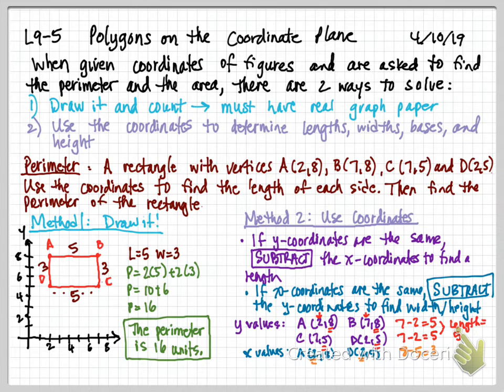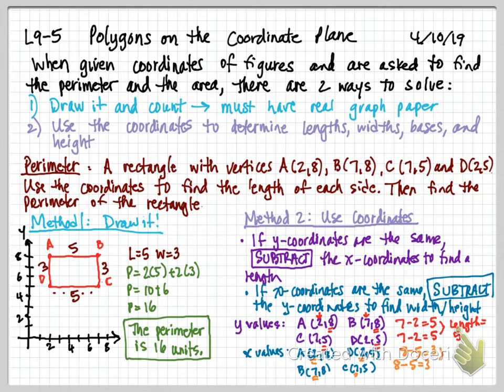Another set where my x's match would be B and C. And we have 7, 8 and 7, 5. My x's match, so I take my y's and subtract them.